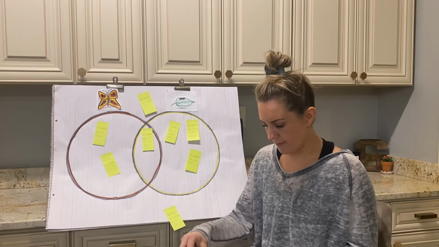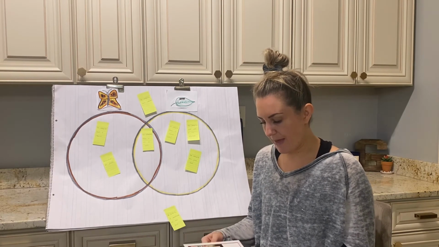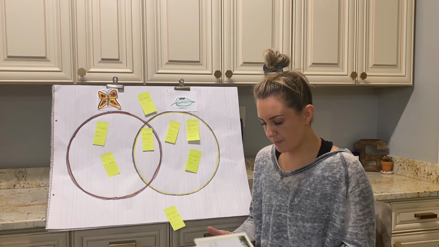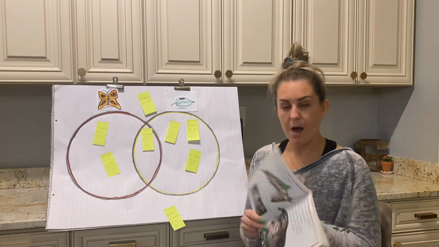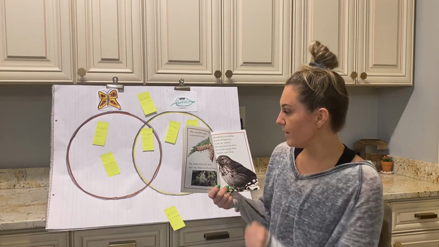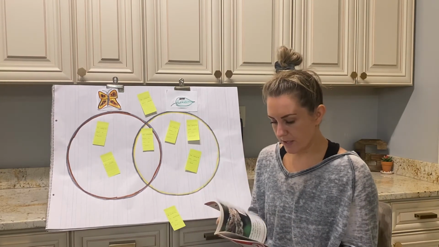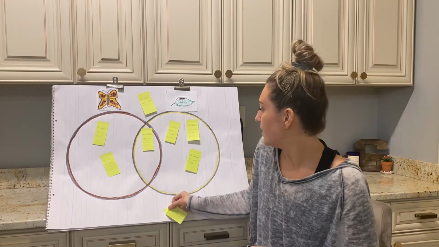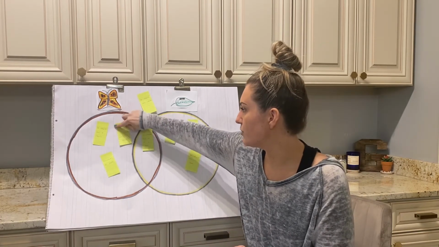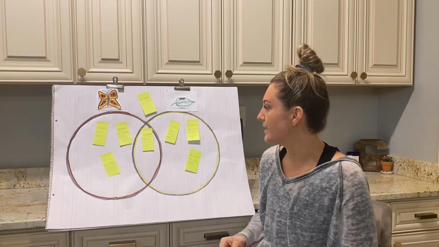I'm trying to find the right page. A predator is something that could hurt or eat the butterfly. And I know that this butterfly was hiding from a bird, because a bird is a predator. So I'm going to put that over here. The butterfly was camouflaged on the tree bark. It closed its wings and hid so that the predator couldn't get it.